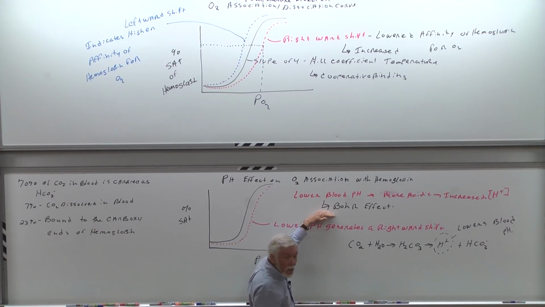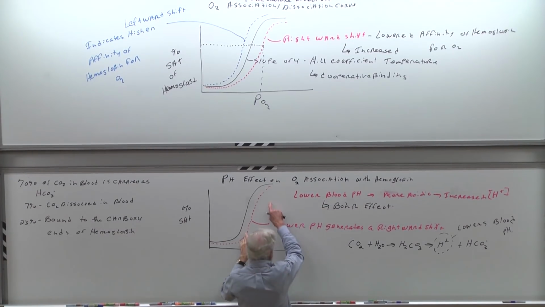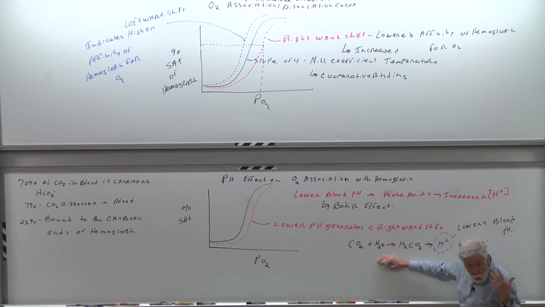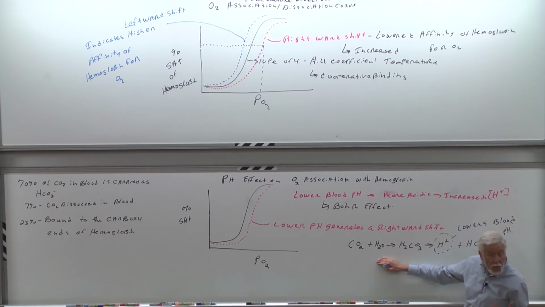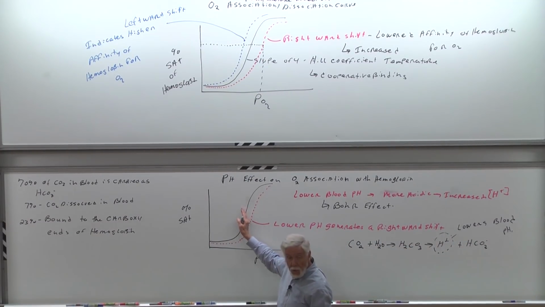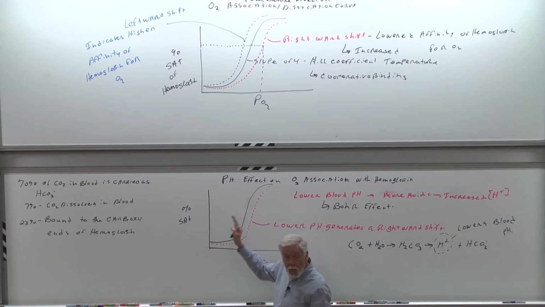Christian Bohr also recognized that the predominant source of the hydrogen ion which caused this effect was carbon dioxide. So indirectly, an increase in carbon dioxide in the blood causes a rightward shift of the O2 dissociation curve, saying that the hemoglobin is more likely to give up its oxygen.